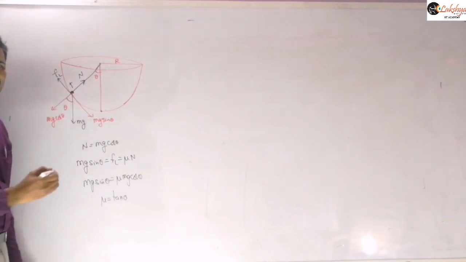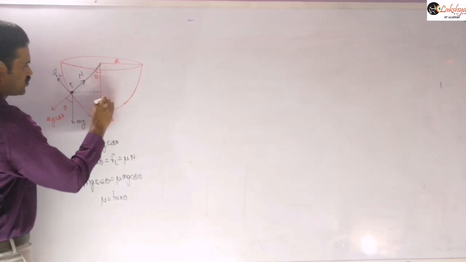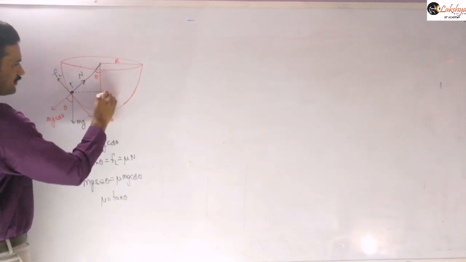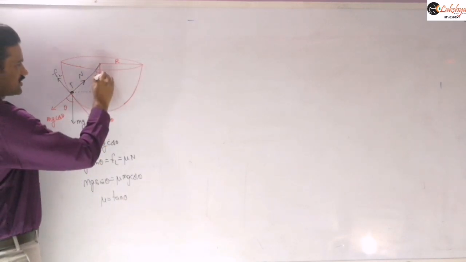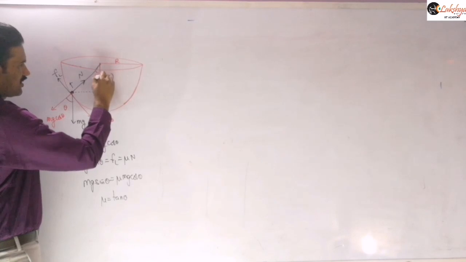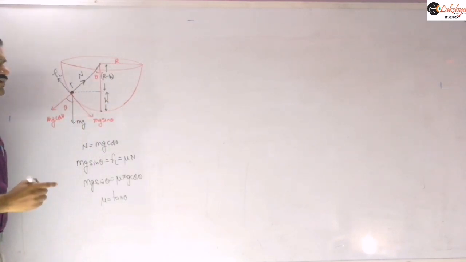And now our question is about the maximum height here. I am just forming the triangle here. So this is our height. Now tan theta is known to us, so you can write the remaining value as h minus r here, and then tan theta you can define in the triangle.